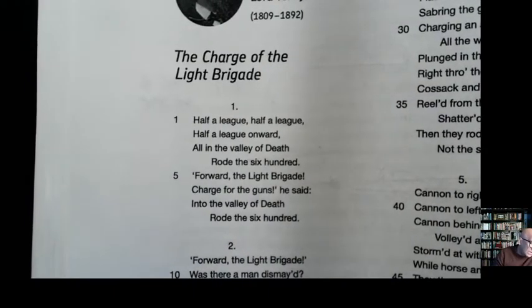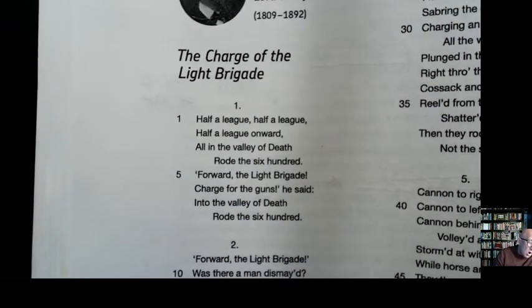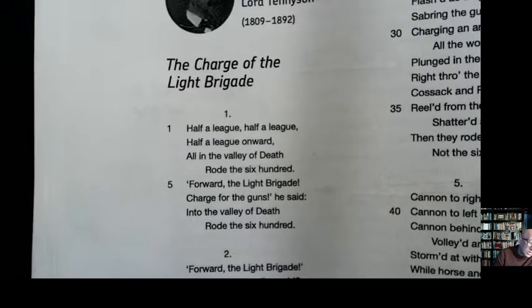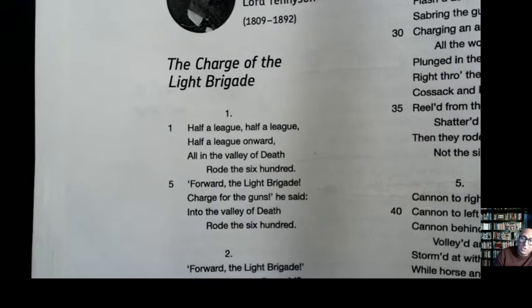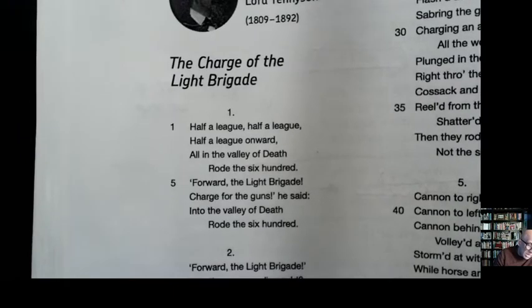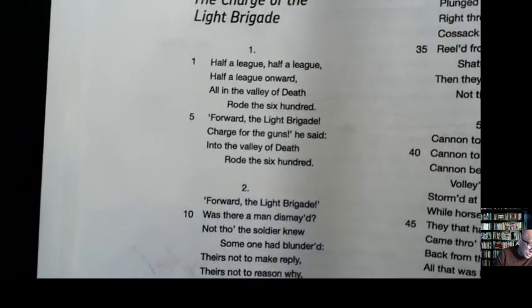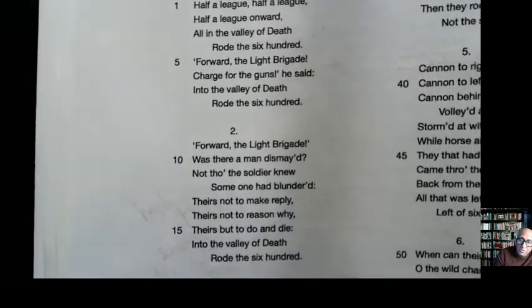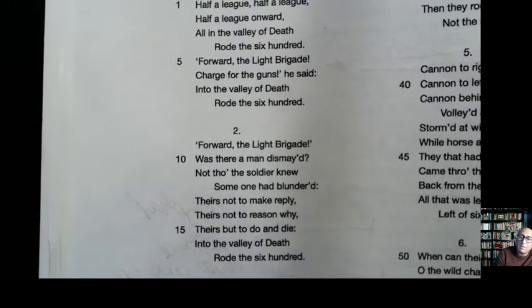Half a league, half a league, half a league onward. All in the valley of death rode the 600. Forward the light brigade, charge for the guns, he said. Into the valley of death rode the 600. Forward the light brigade. Was there a man dismayed? Not though the soldier knew someone had blundered. Theirs not to make reply, theirs not to reason why, theirs but to do and die.